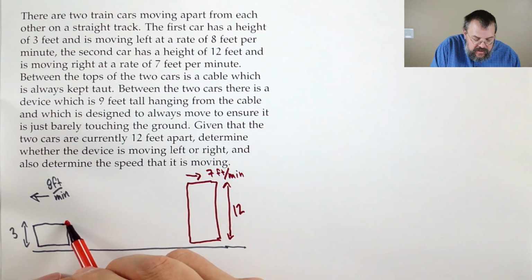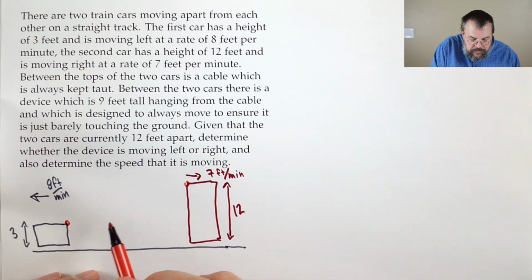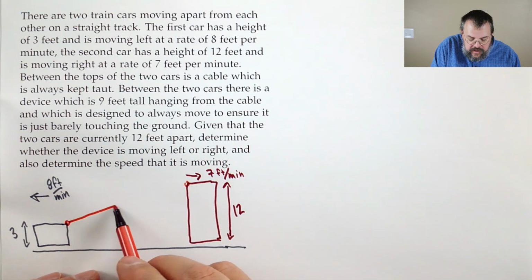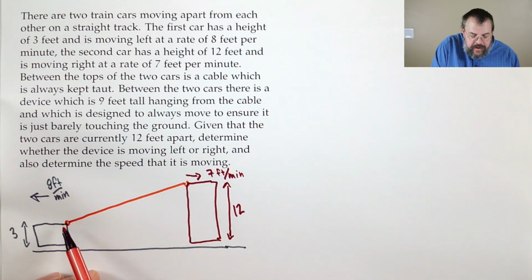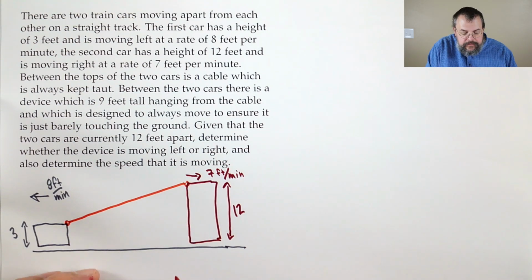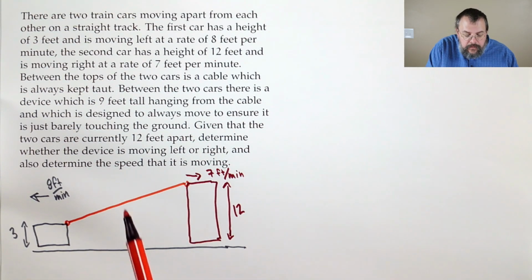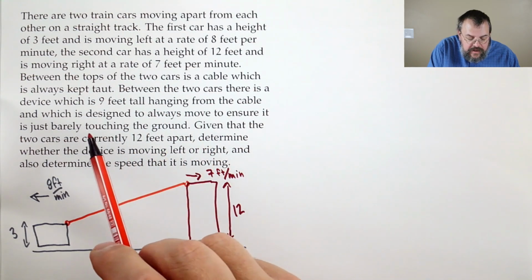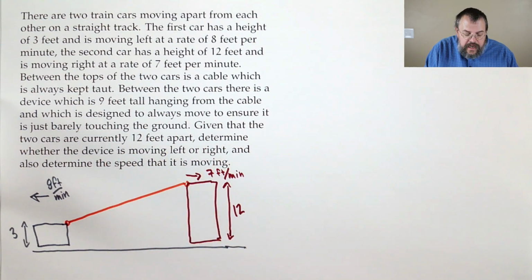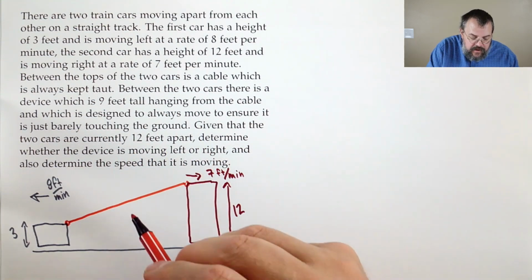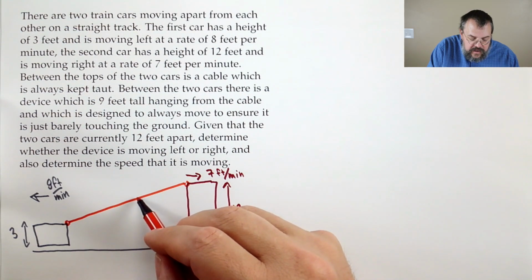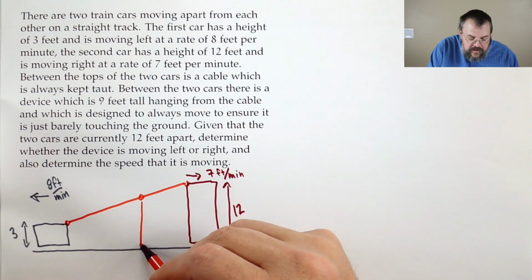We'll just connect these 2 here. So here's our cable. You'll notice it goes from a height of 3 to a height of 12. So between the 2 cars, there's a device which is 9 feet tall, hanging from the cable. Okay, so here's our device. It's 9 feet.